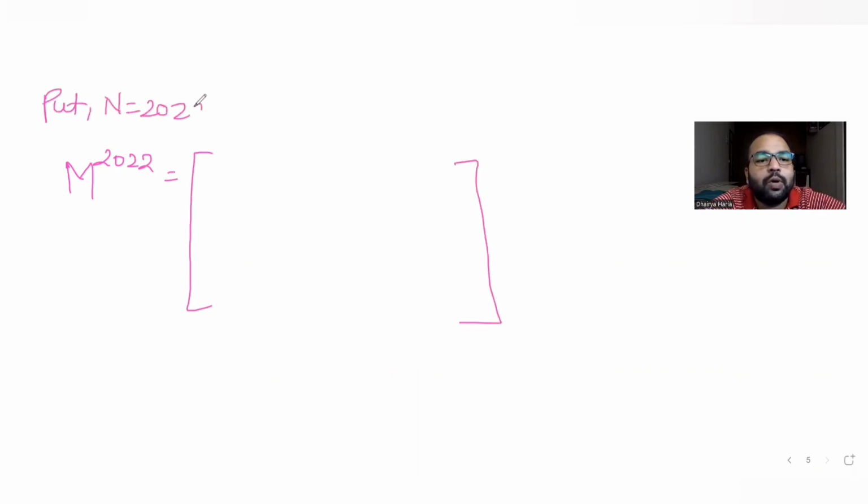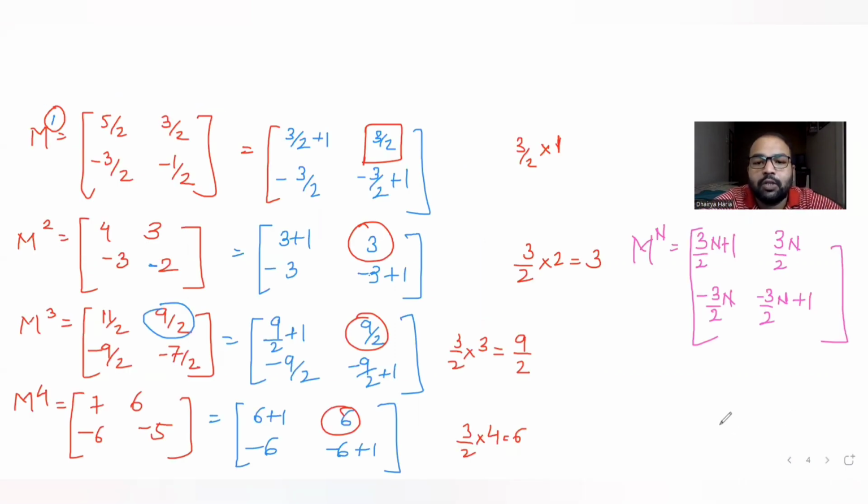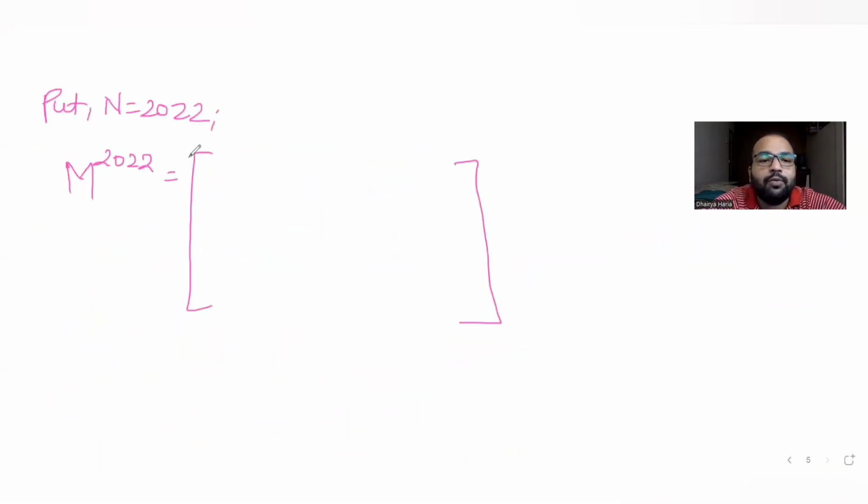Now, what he's asking for is m raised to 2022, so I can substitute n as 2022. It becomes 3/2 into 2022 plus 1, then 3/2 into 2022, minus 3/2 into 2022, and minus 3/2 into 2022 plus 1.